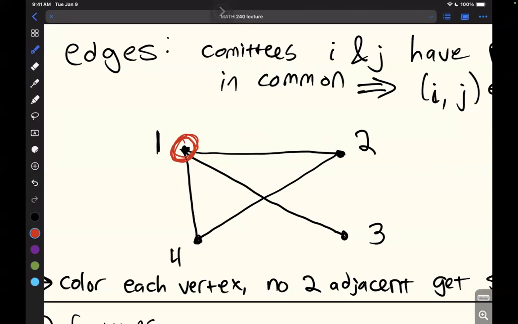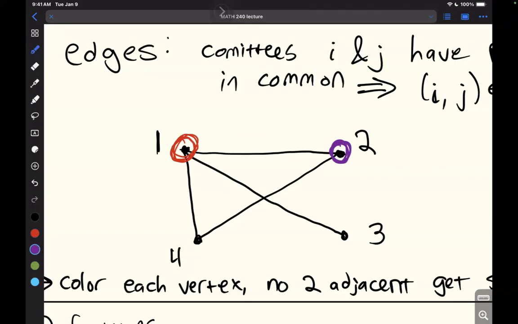So let's go to 2. Let's make 2 purple, my next color up. So I'll color that purple. If we go to 4, can 4 be red? No. Can 4 be purple? No, because 4 is adjacent to 2.